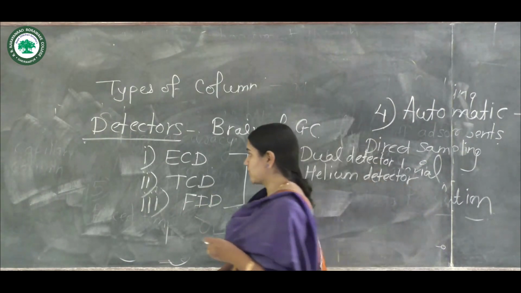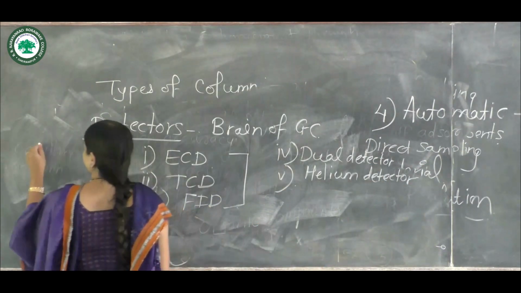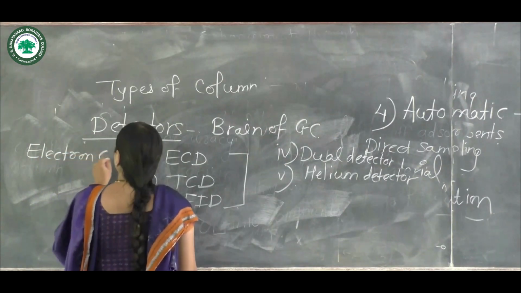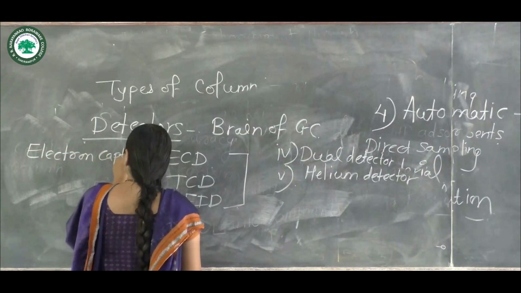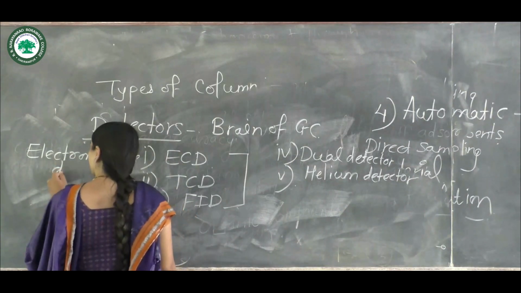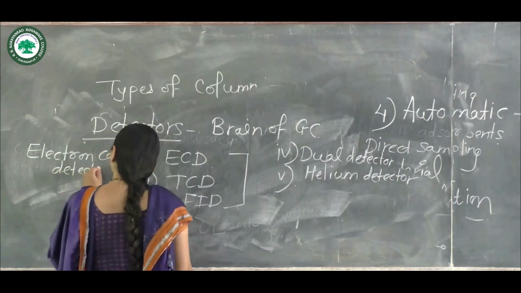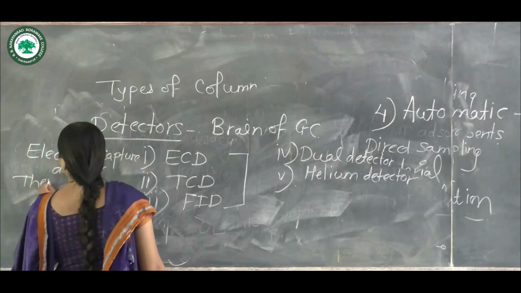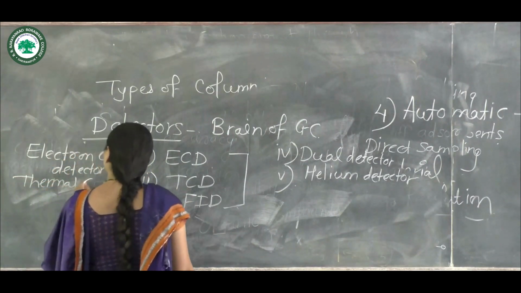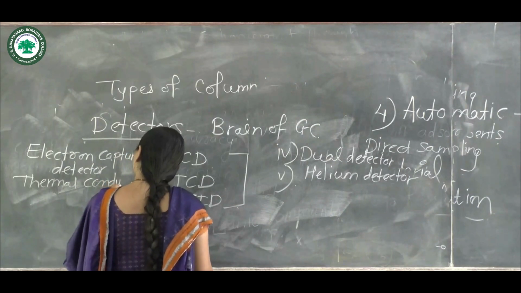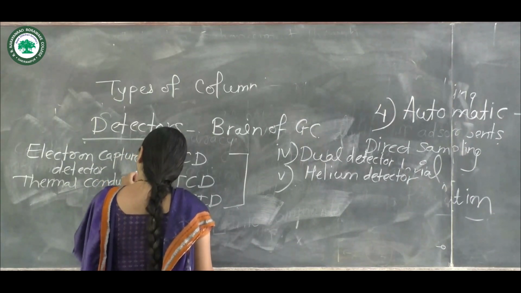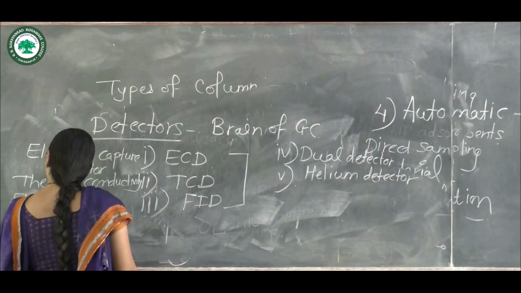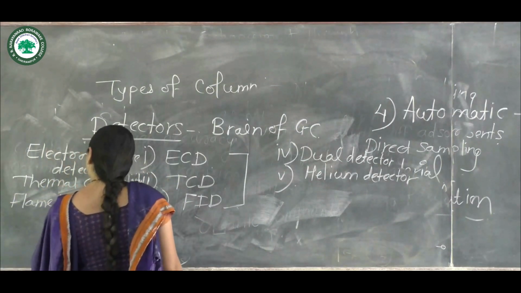As far as the long forms are concerned, ECD is known as electron capture detector, TCD is known as thermal conductivity detector, and FID is known as flame ionization detector.